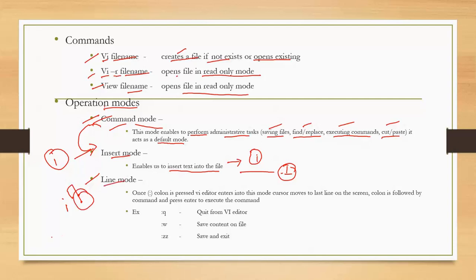Once it enters into line mode, we can use these symbols as we discussed here: Q stands for quit, W stands for save, and if I type Z two times, it will save and exit from the VI editor. Okay, so this is clear.